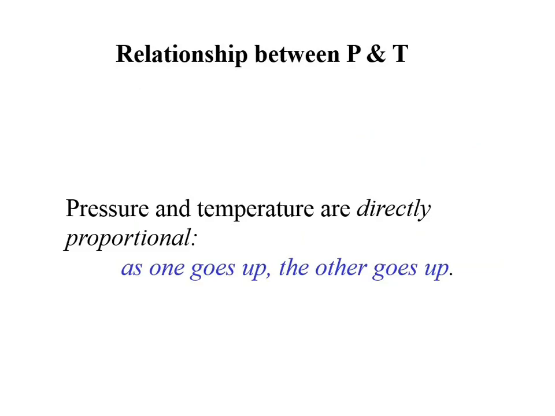Let's remember the four things, and we'll talk about a few of them today. The four things that affect a gas, doesn't have to be a box, are pressure, temperature, volume, and number of moles. Here's one for you that I bet you intuitively know.